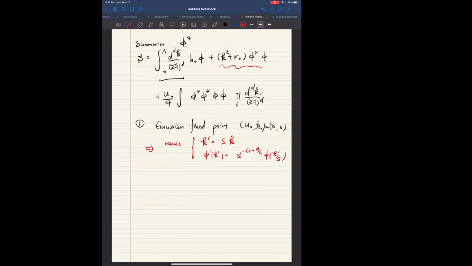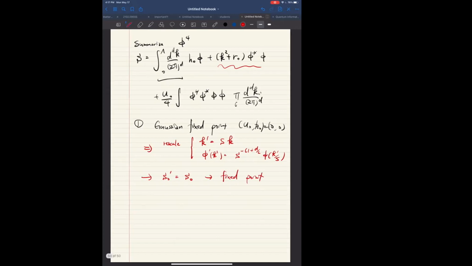Then you can find the new action which is invariant, which is a fixed point. That's what we learned from the Gaussian fixed point by rescaling.